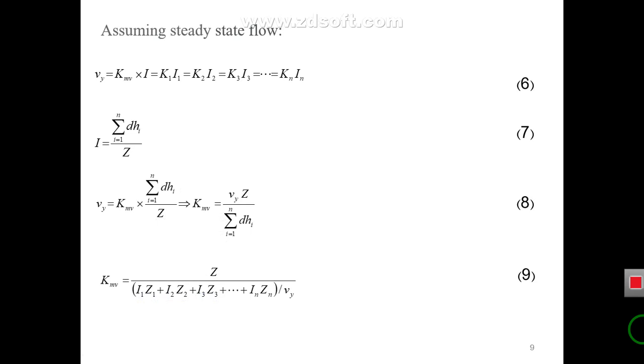Under steady flow conditions, according to the continuity equation, the water velocity in the vertical direction will be the same in all layers. I mean, Vy, the velocity in the vertical direction, is equal to Kmv multiplied by I, which is equal to K1 I1, water velocity in the first layer, equal to K2 I2, water velocity in the second layer, and finally equal to Kn In, water velocity in the nth layer.